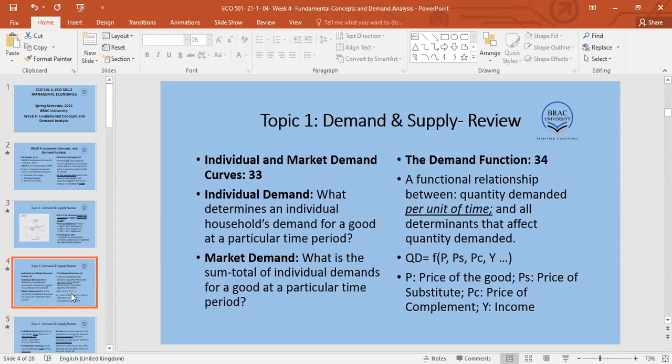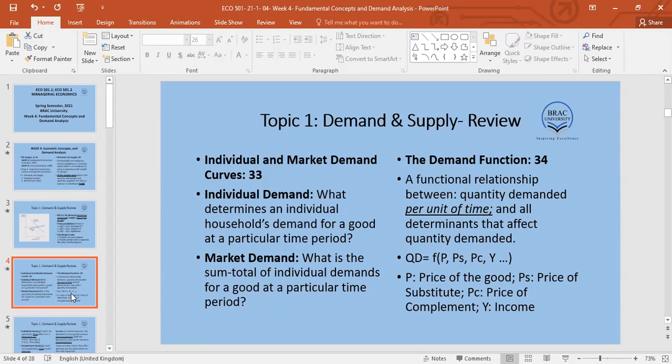Individual demand and market demand. Do I need to get into the details of these two? Individual demand is the demand of the households. Market demand is the demand of all the households. That's simple. It's a simple calculation. So individual demand, we're looking at how a particular household exhibits their demand.